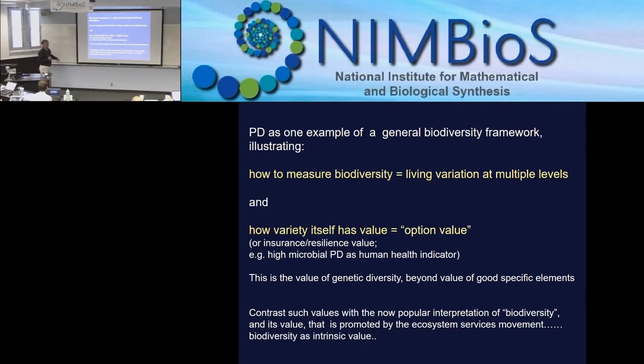I'll make also a historical point. In some of my talks, I go into great detail about this, but if you pick up the average paper on biodiversity right now, you don't hear this story enough. And part of the problem is that we're dominated by the ecosystem services story, which imagines that in fact biodiversity is all about intrinsic value, this kind of unquantifiable, non-anthropocentric value.